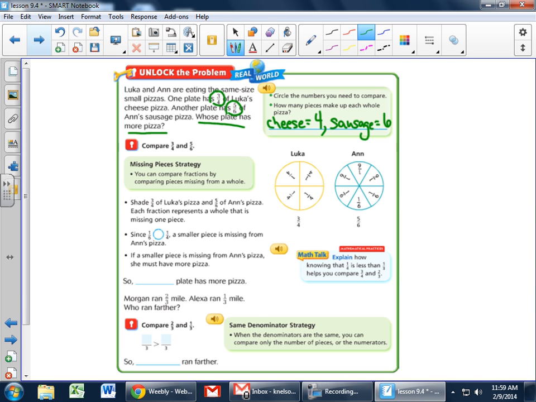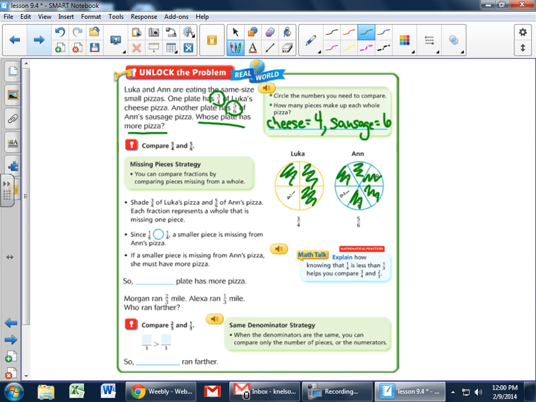So now we're going to compare 3/4 and 5/6. You can compare them with the drawing that they did. It says first shade 3/4 of Luca's pizza. So we have it split into 4ths, so we're going to color in 3/4. And 5/6 of Anne's pizza: 1, 2, 3, 4, 5. And look whose has the better pizza piece. 1/6 is less than 1/4.